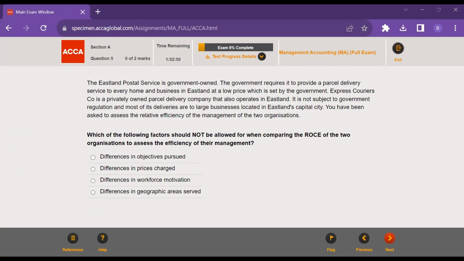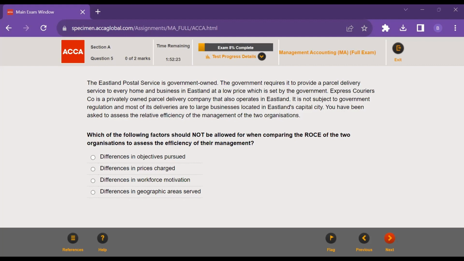You have been asked to assess the relative efficiency of the management of the two organizations. The requirement says: which of the following factors should not be allowed for when comparing the ROCE of the two divisions to assess the efficiency of their management? Objectives, prices, workforce motivation, and geographic areas.